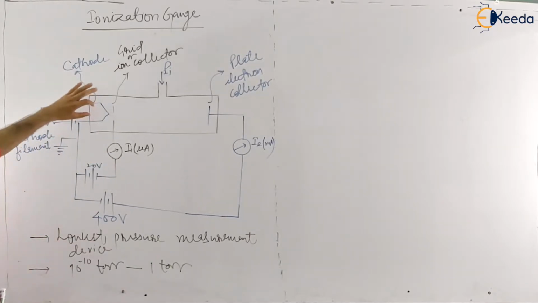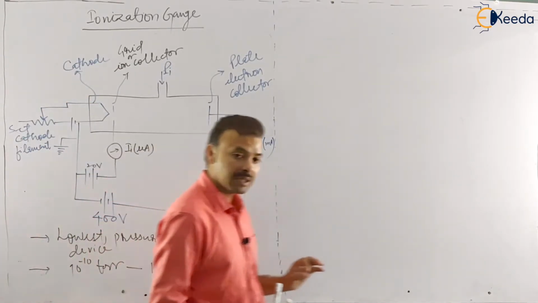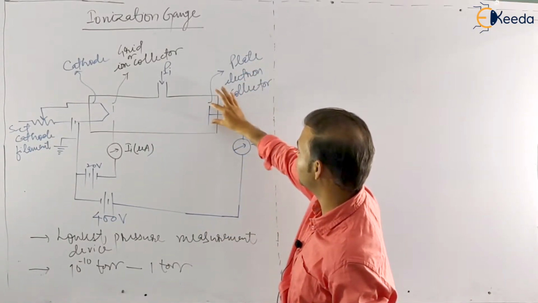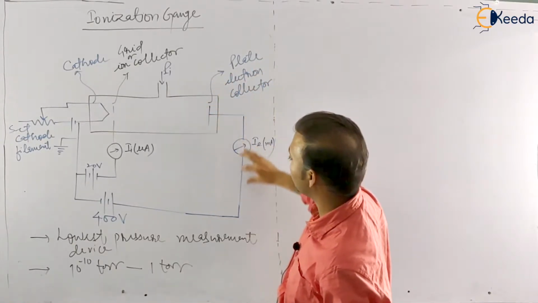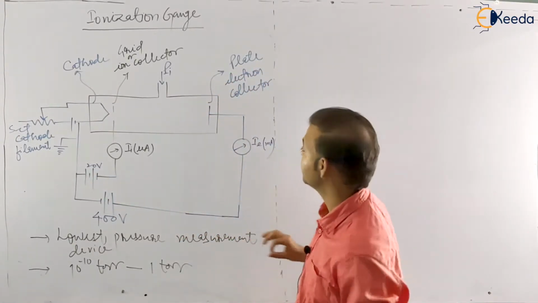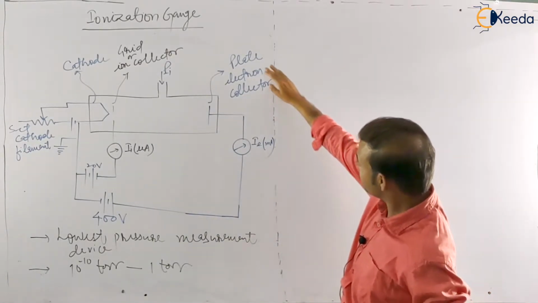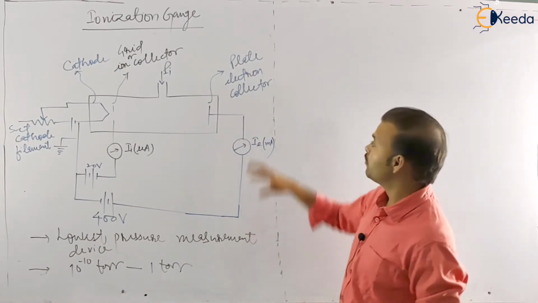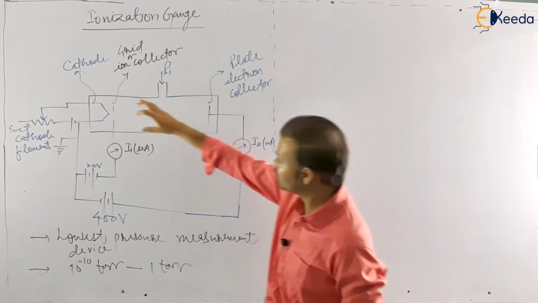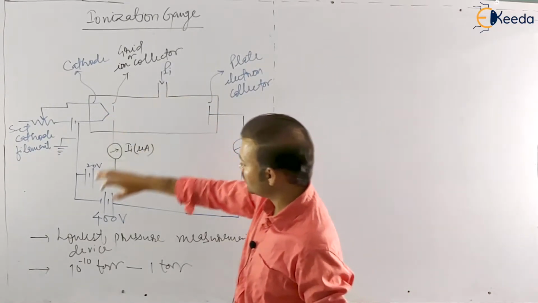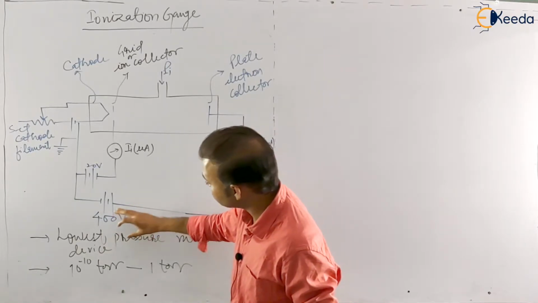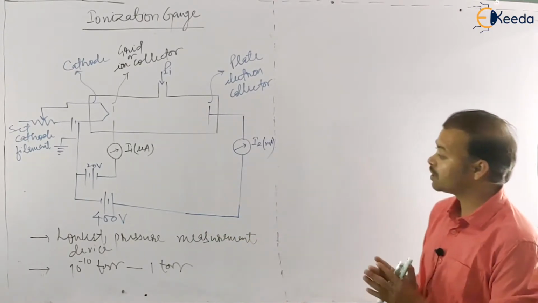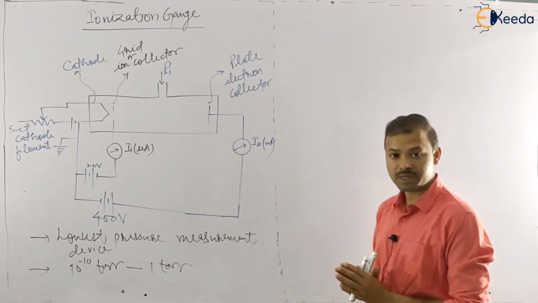The cathode is generating electrons, and these electrons are collected by this plate. So there is already a large number of electrons present in the ionization gauge, because you have already set the battery voltage of the cathode to 400 volt, which is a larger voltage range.